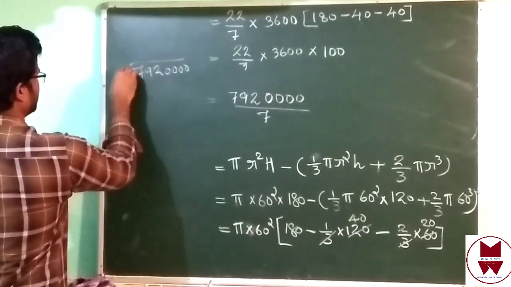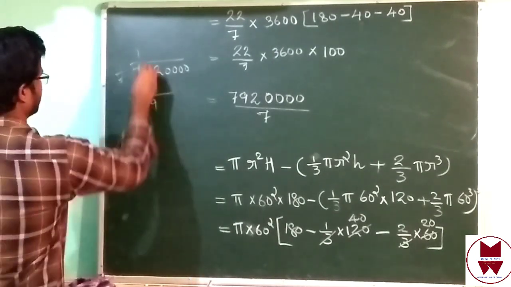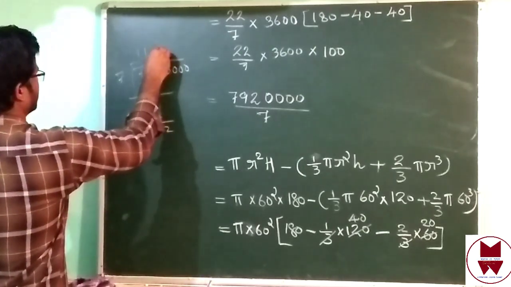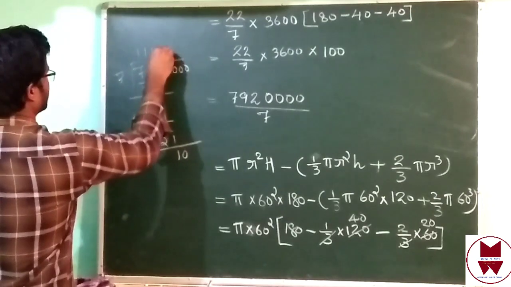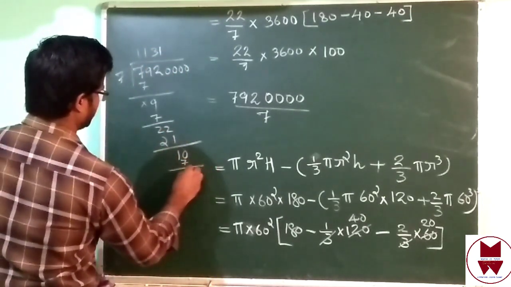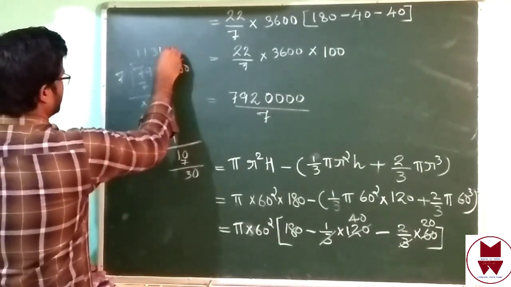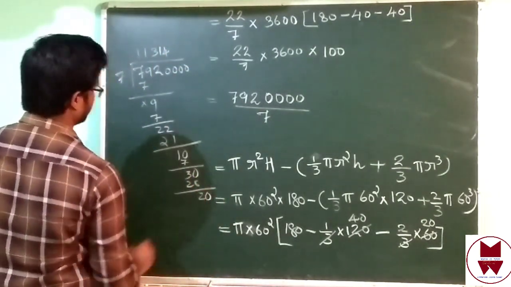Divide by 7. 1 time 7. In 9 again 1, 7, 2, 2. In 22, 3 times 21. And 1, write 1, 0 in here. 1 time 7. Then 3, write 1 more 0. 30, 4 times 28. And 2, again next 0.